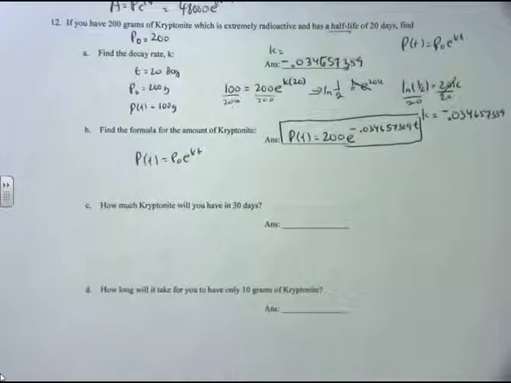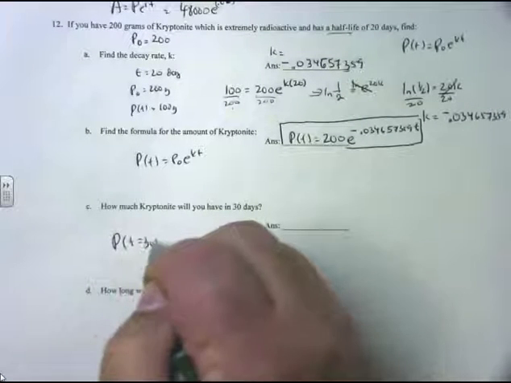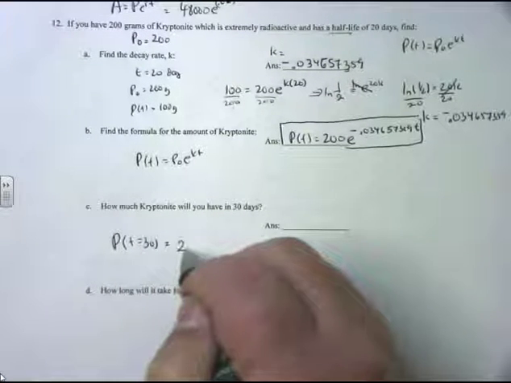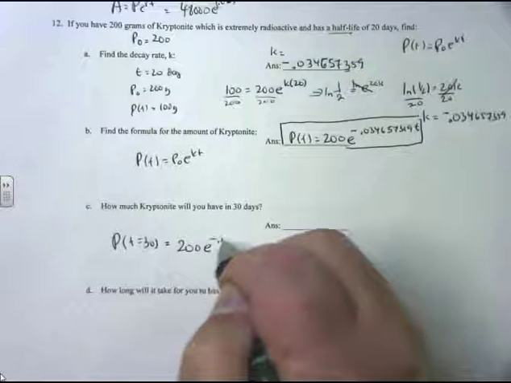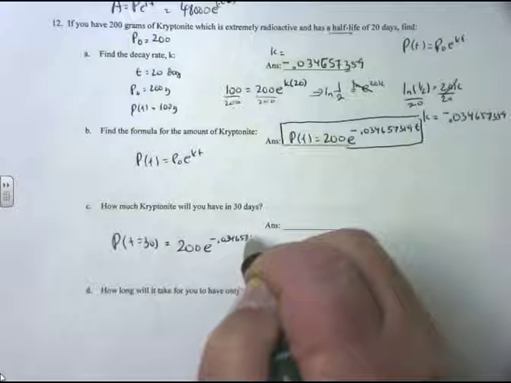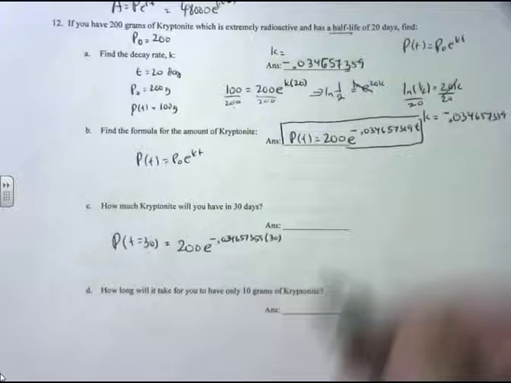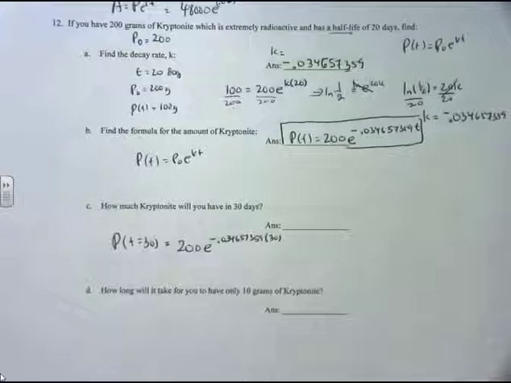How much kryptonite will we have after 30 days? So this is P of time equals 30. This would be 200 e to the negative 0.034657359 times 30, which means it's nothing but an exponential equation.